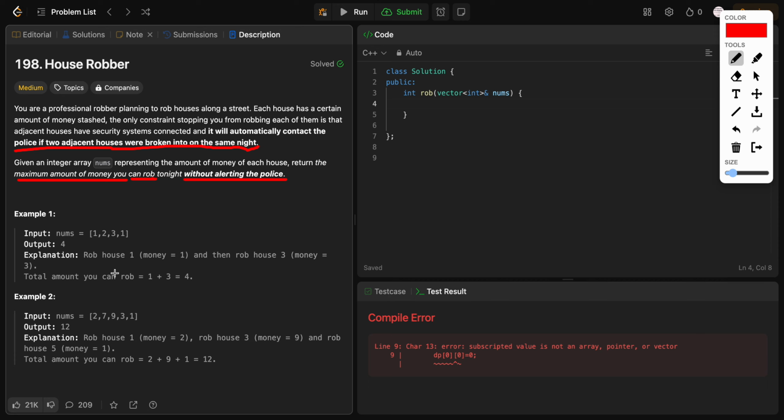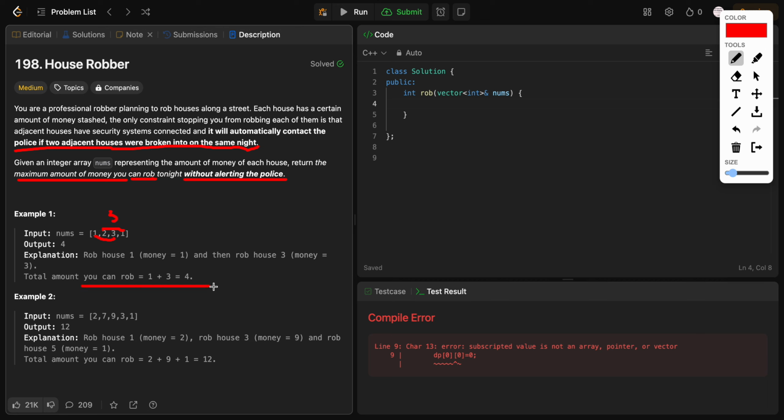And we need to maximize the total. So which are those houses which aren't adjacent? 1 and 3, and 2 and 1. So 2 and 1 will give you 3, and 3 and 1 will give you 4. So the maximum total here is 4.